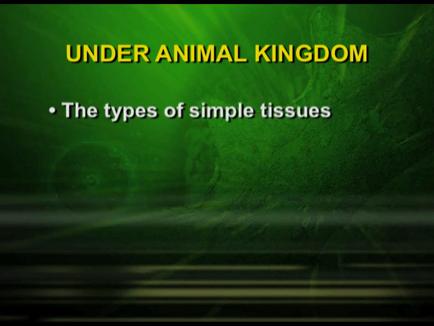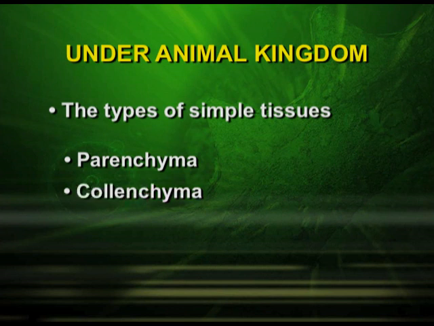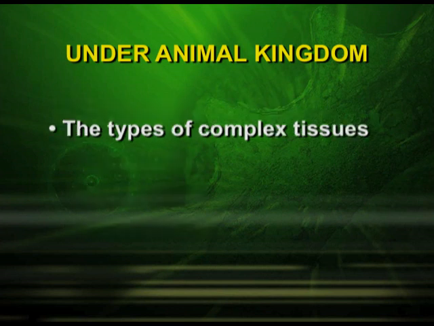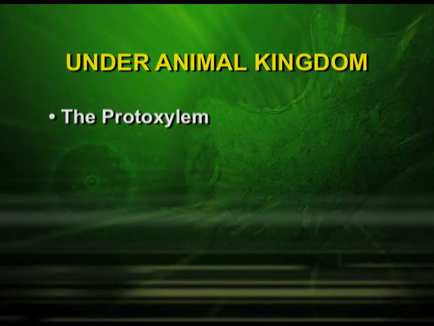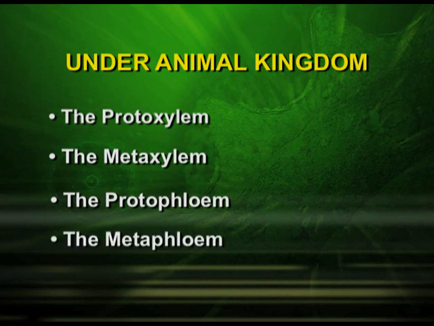The simple tissues are made up of parenchyma, collenchyma and sclerenchyma, and the complex tissues are made up of the xylem and phloem. We also studied about the protoxylem, the metaxylem, the protophloem, the metaphloem in this chapter.